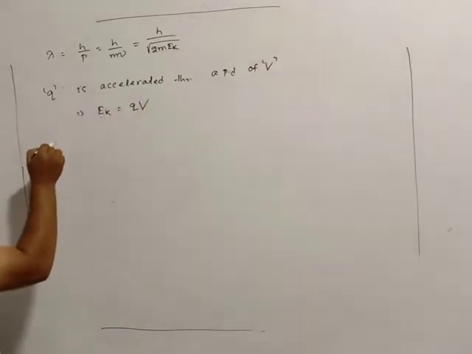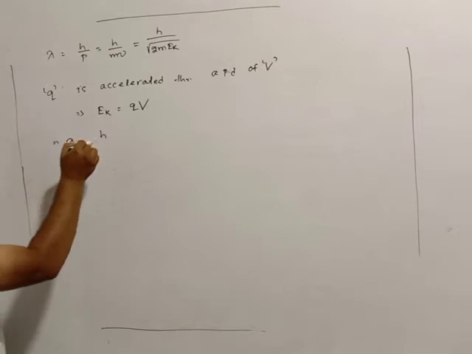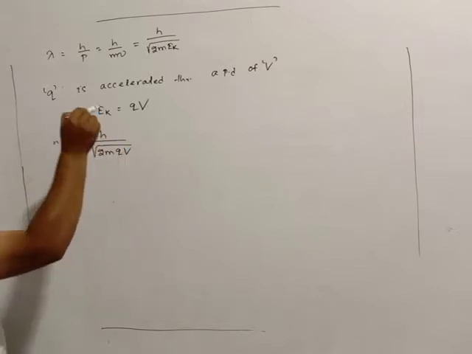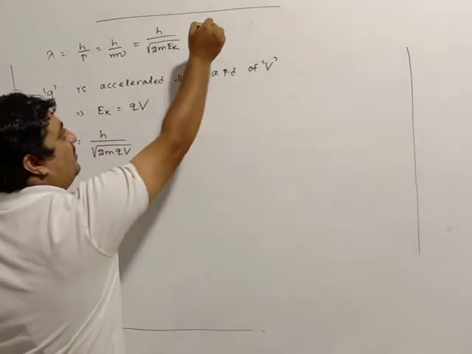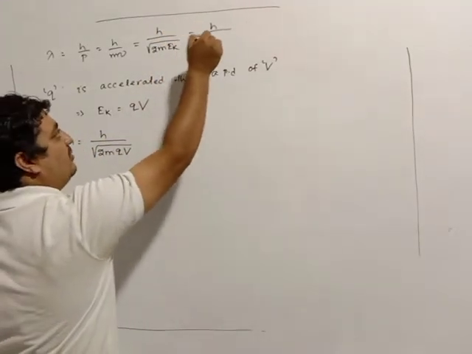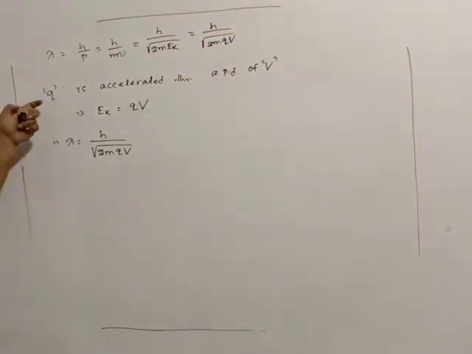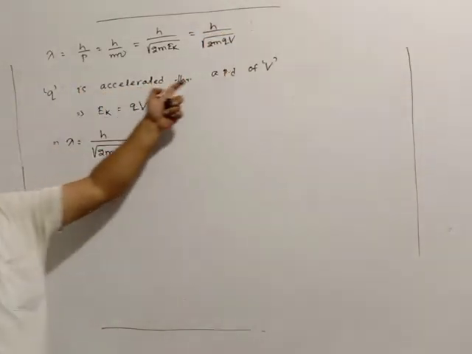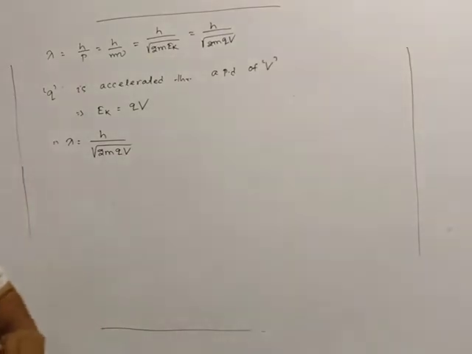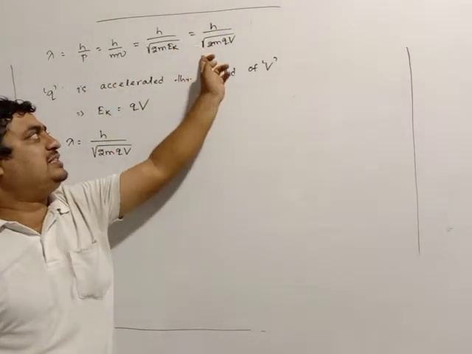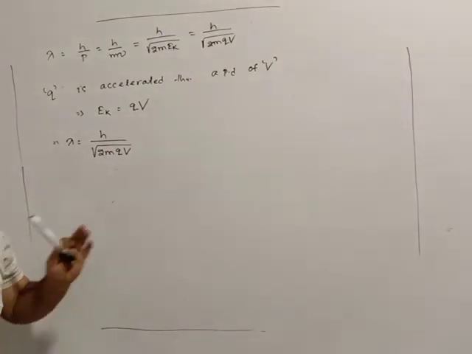So we can put lambda equal to h by root over of 2m qV. When a charge q is accelerated through a potential difference of V, the de Broglie wavelength lambda equal to h by root over of 2m qV.